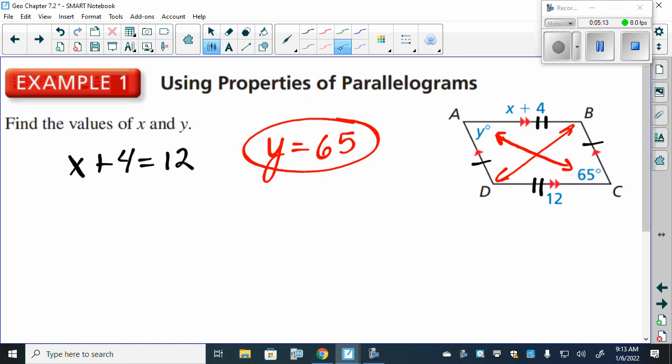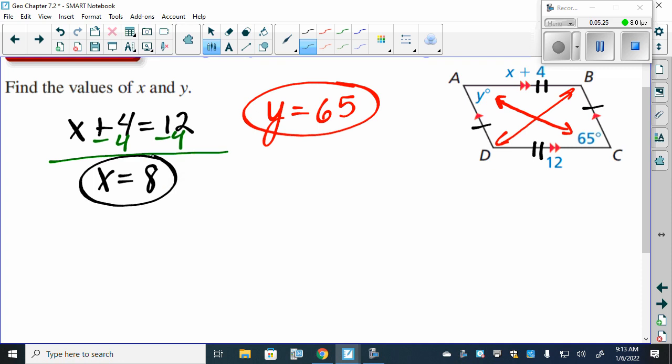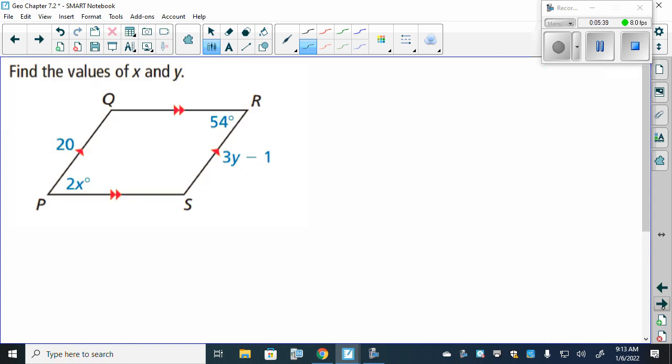We just need to find the measure of x. So what can we do? Subtract 4 from both sides, which tells us x is equal to 8. And that's it. Let's look at the next one, because that's all there was to that problem.